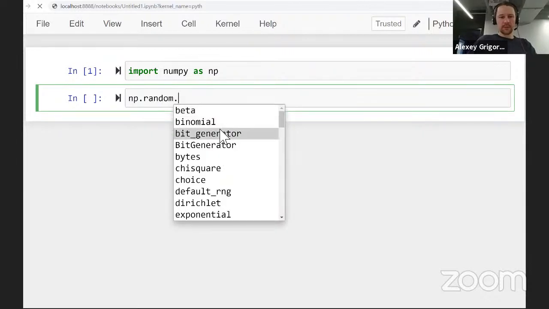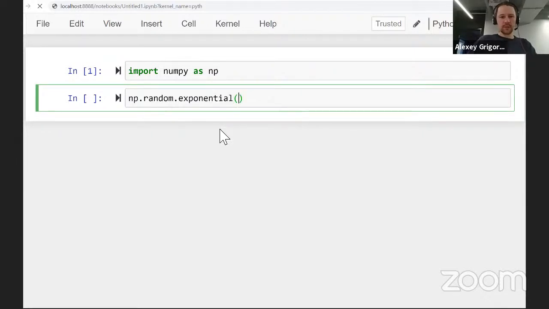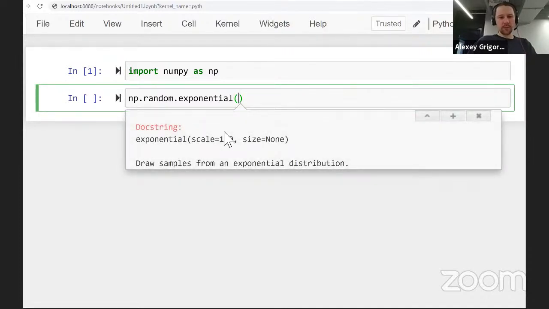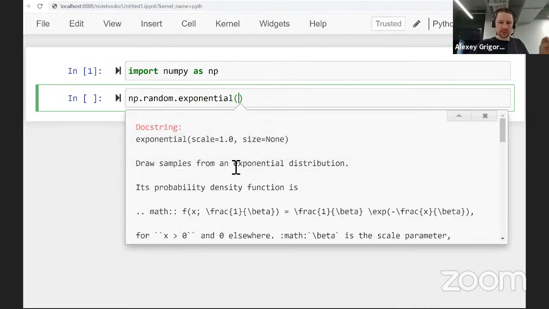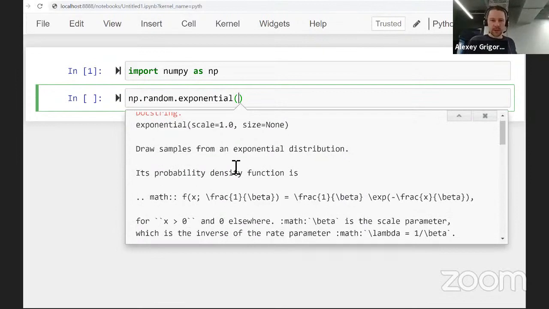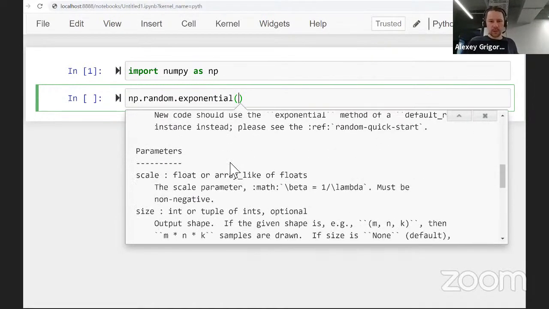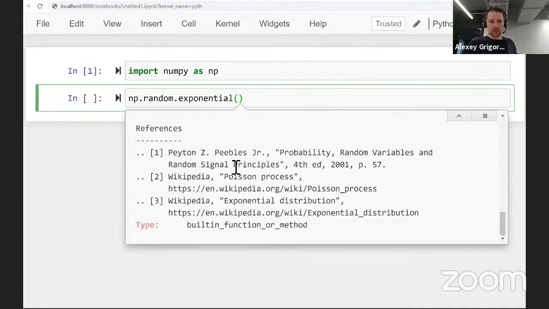So now I have, let's say, the exponential distribution. What I do is I click Shift Tab. If I click Shift Tab, it shows the docstring. And if I press Shift Tab multiple times, it expands.